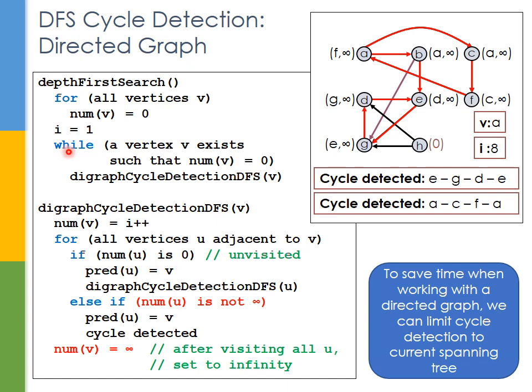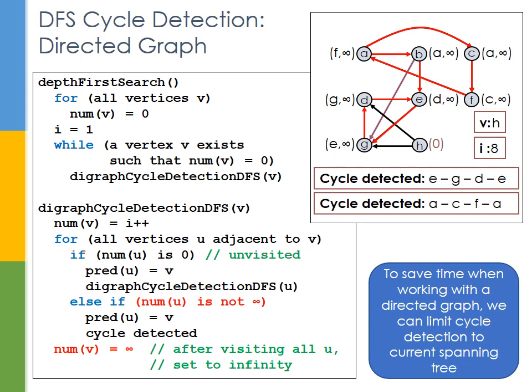And we see that we have now dealt with our first vertex A, and we now need to determine, are there any further vertices that have a number of 0? Well, we see that there is one more vertex with a number of 0, and that is vertex H that we now need to deal with.